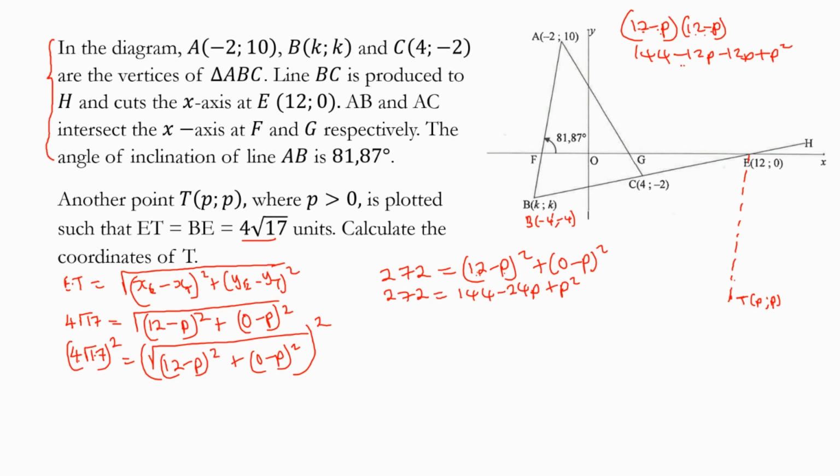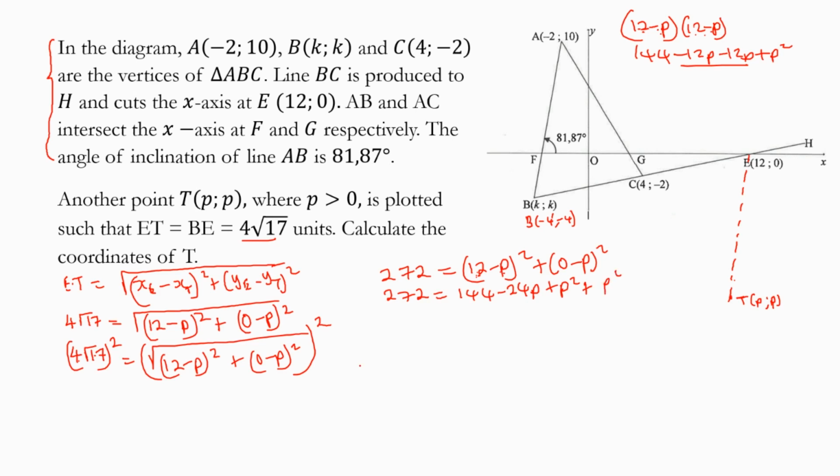But you can even use the square binomial formula, it's faster. Just square the 12, multiply 12 and p by 2, and then square the last term, p. The last one is always positive, and then done. And on this side, this is plus just p squared.